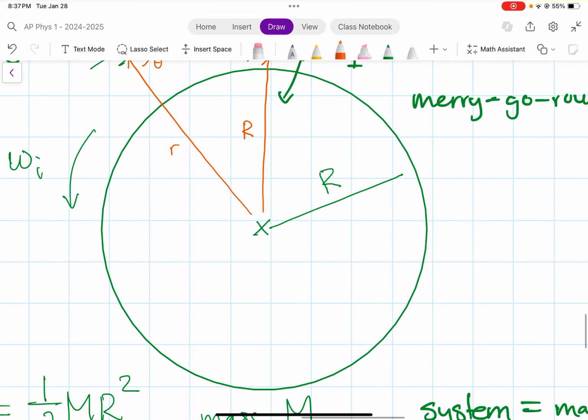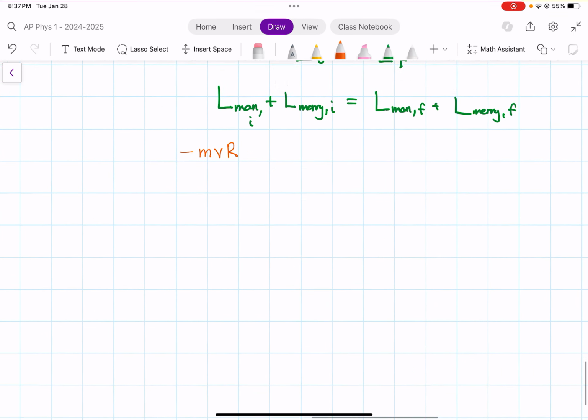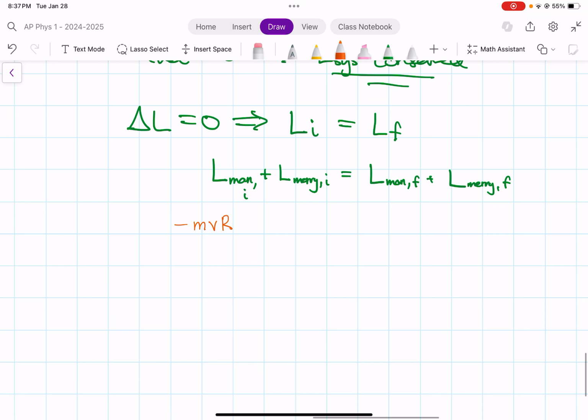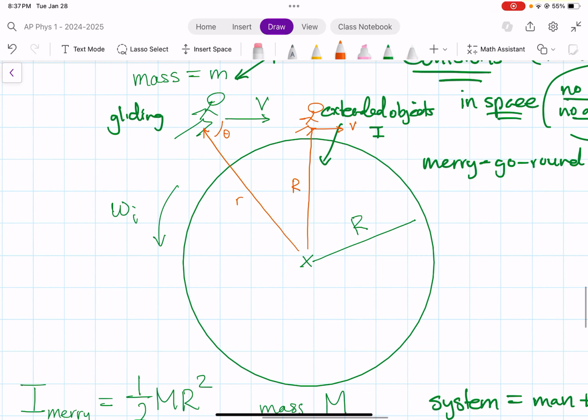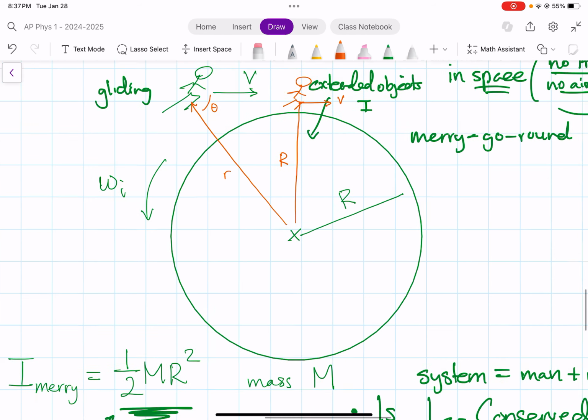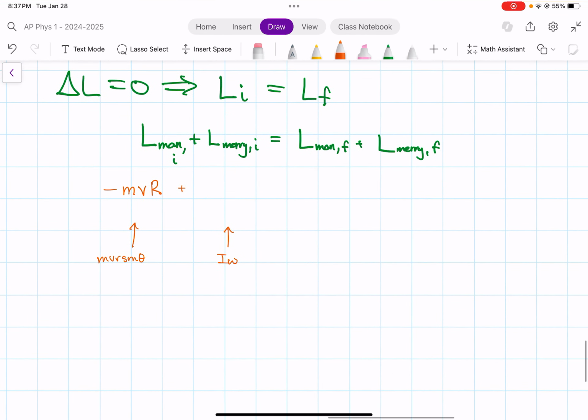If we go to the merry-go-round, we don't use the mvr sine of theta formula for this guy. We're going to want to use the I omega formula for the merry-go-round because it's an extended object, right? And in this case, the merry-go-round is going counterclockwise, so that's a positive quantity. And it would just be I of the merry-go-round.